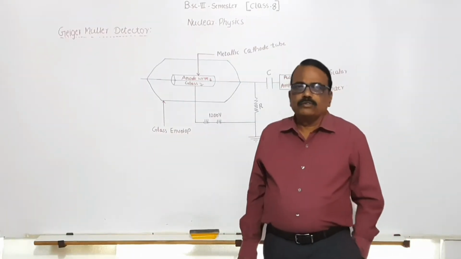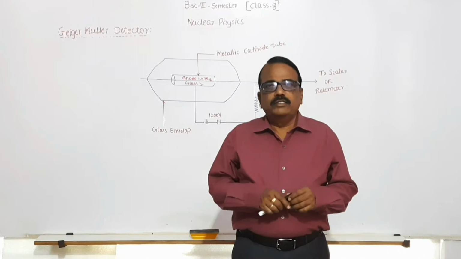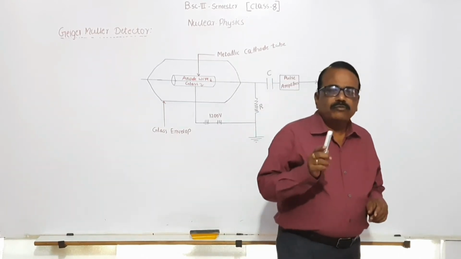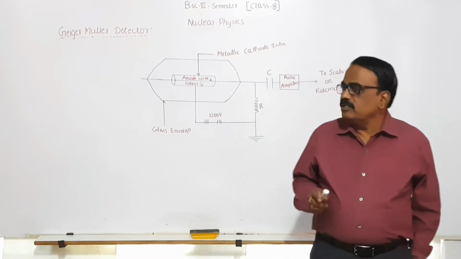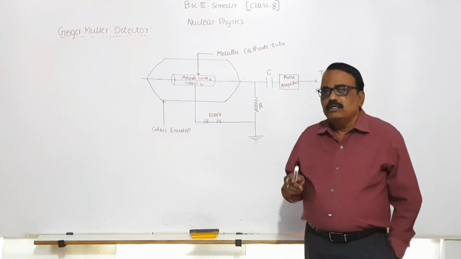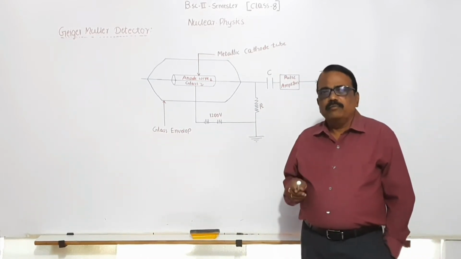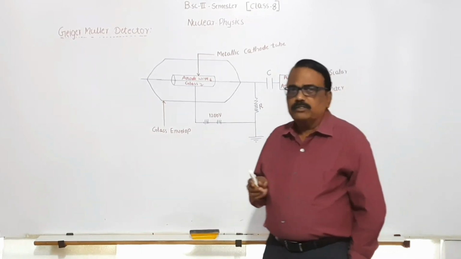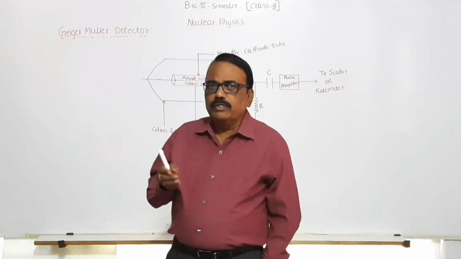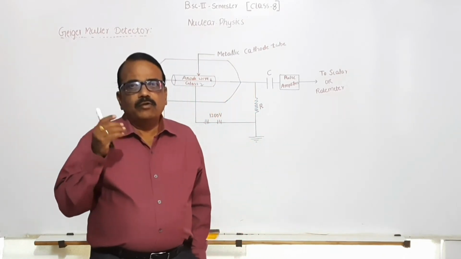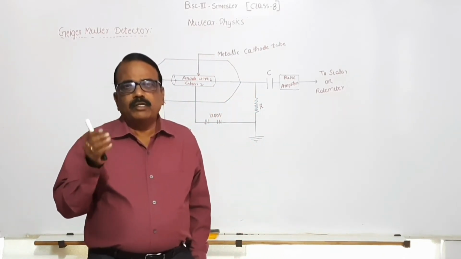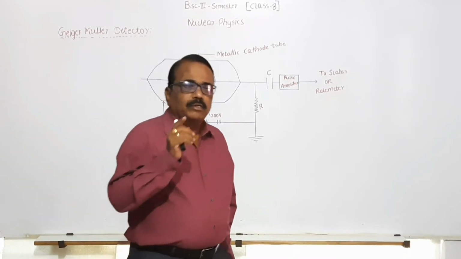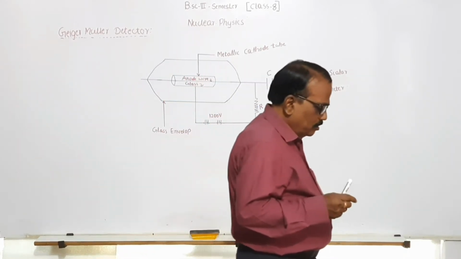Next we have to study detectors. In nuclear investigations, it is very essential to detect the radiation emitted by nuclei or particles. We know that we cannot observe radiations or particles such as alpha, beta, gamma directly.